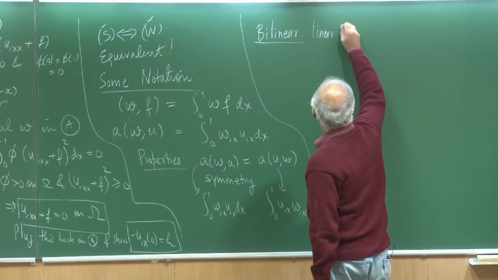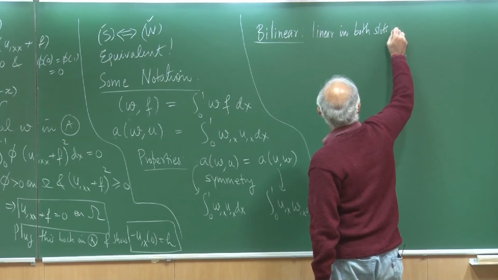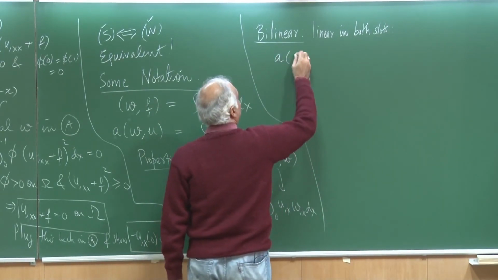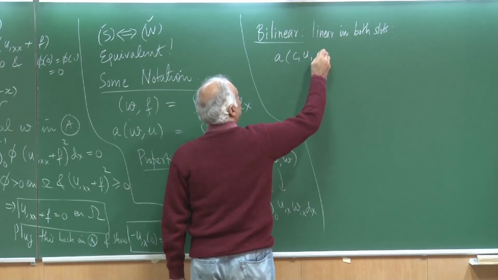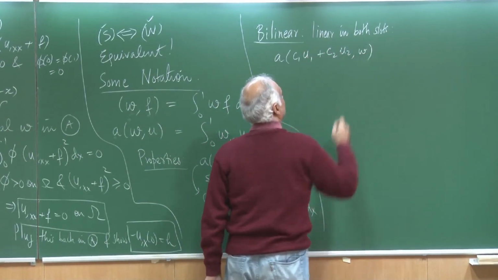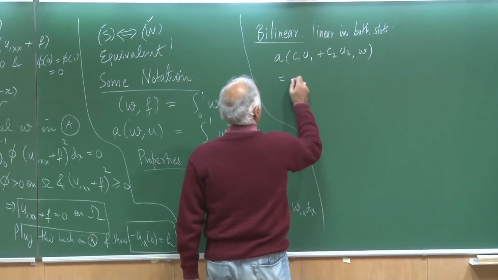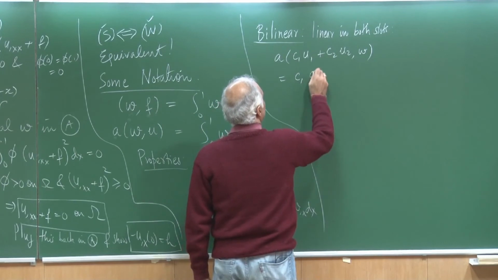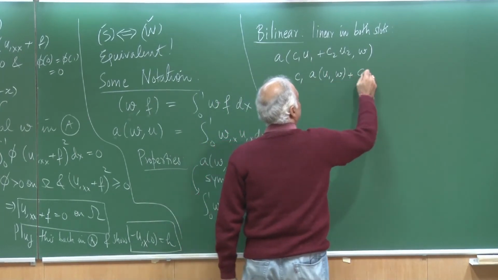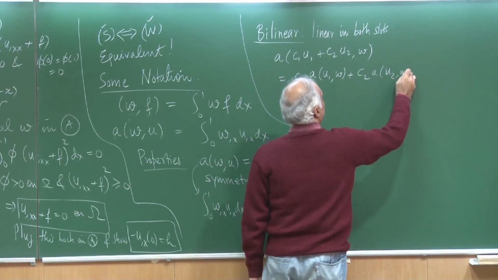To give you an example, what we are saying is that A(C1 U1 + C2 U2, W) is actually the same as C1 times A(U1, W) plus C2 times A(U2, W).